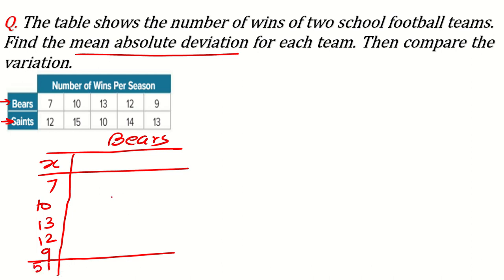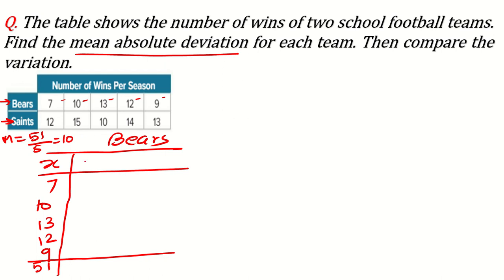This is the total. So what will be the mean? The mean for the Bears will be 51 divided by how many numbers? 1, 2, 3, 4, 5. So 51 divided by 5 is almost 10. I am just taking an approximation.